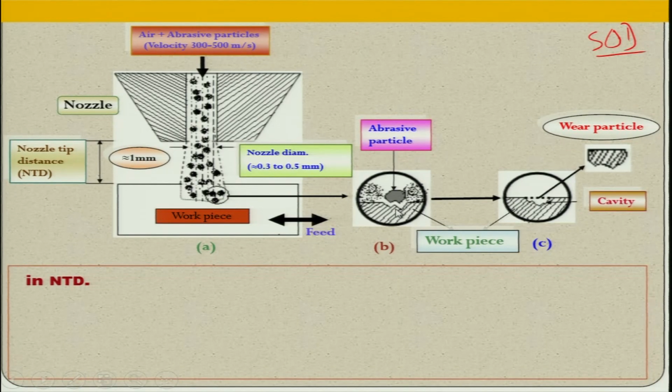Now, whether it is a ductile workpiece material or a brittle workpiece material, the mechanisms of material removal are different. If it is a brittle material, it will create a crack over here and remove the material from here. As you can see, this is the material that has been removed. So, this kind of cavity is being produced on the workpiece surface.